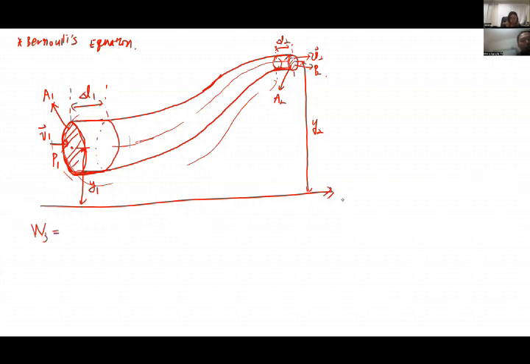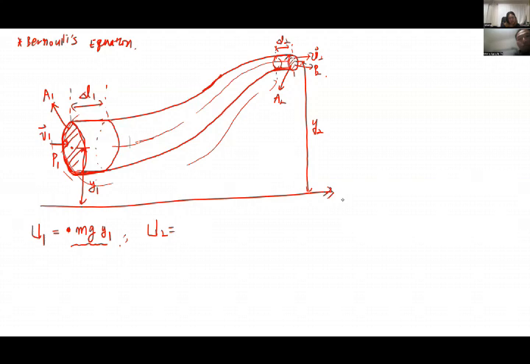The potential energy of this amount of volume, or this amount of mass, is what? mgy1. Let's look at the potential energy U1, that is mgy1, and U2 is the potential energy of that amount of water or fluid when it moves to the second point.